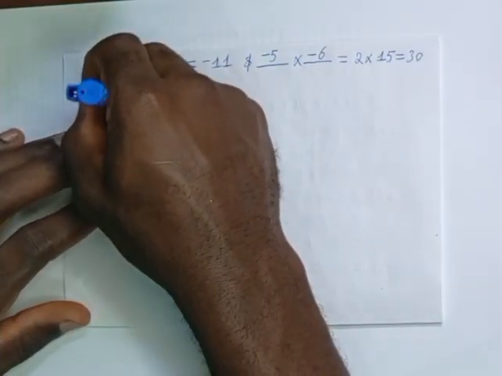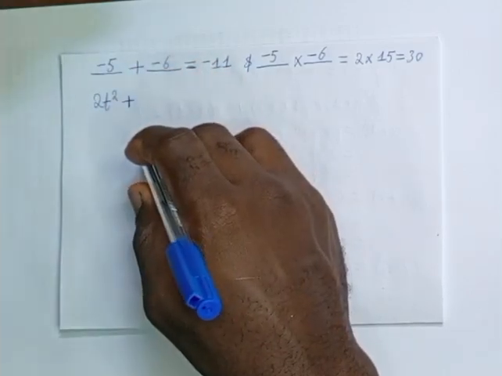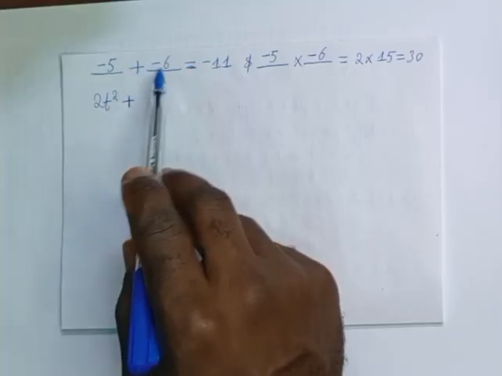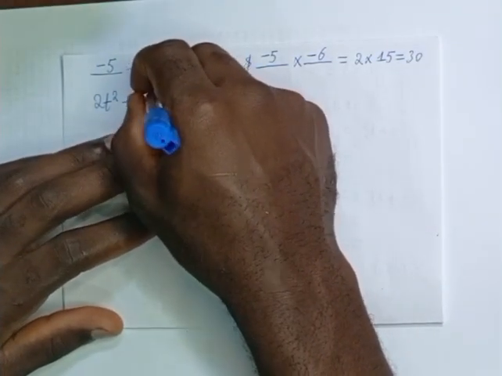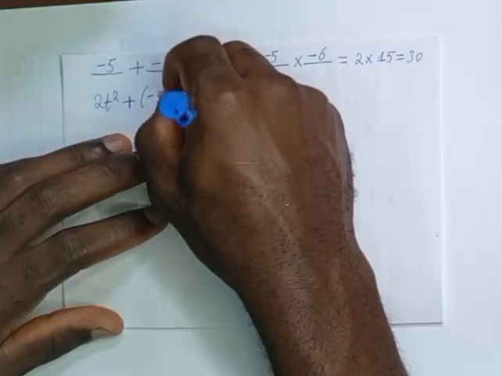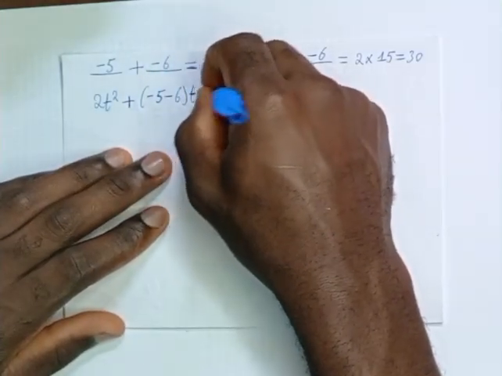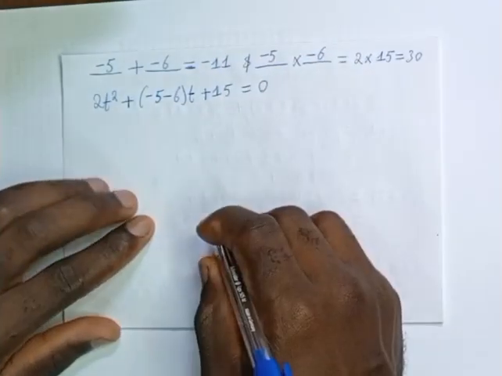This will give us 2t² plus, we are going to replace negative 11 with negative 5 plus negative 6, which is negative 5 minus 6, multiplied by t, plus 15 is equal to 0.